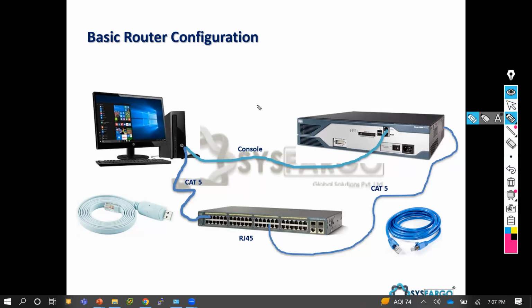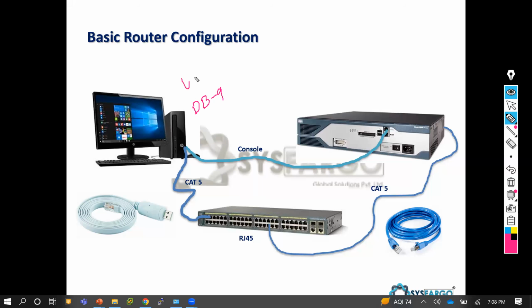To connect this, we have different types of cable here. In the console also, we have different types. When you're connecting this end on the laptop or desktop, you get a DB9 connector. DB9 connector means, have you seen the VGA connector? If you want to connect from the CPU to the monitor, there is one cable you get, right?